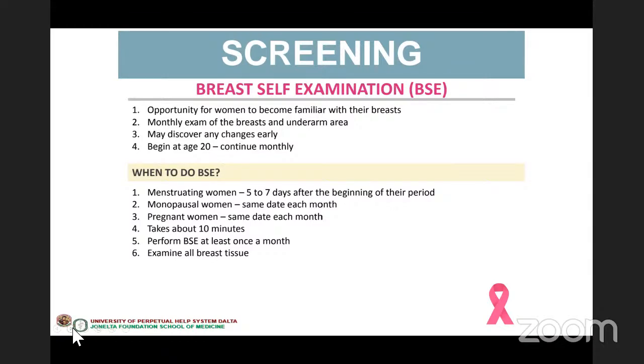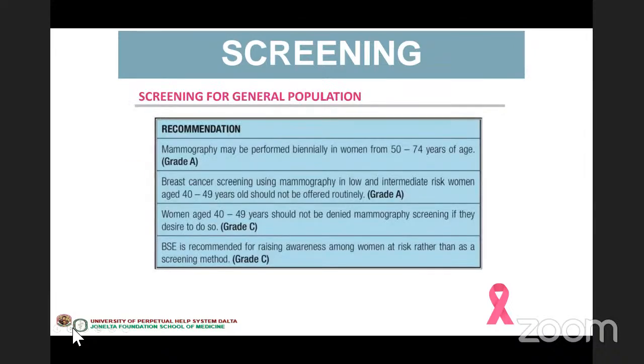And you begin at age 20 and you do it monthly. So when to do it: for menstruating women, 5 to 7 days after the beginning of their period. For menopausal women, so that you don't forget, the same date each month. Also for others, pregnant women, it just takes about 10 minutes as long as you do it at least once a month and examine all the breast tissue.